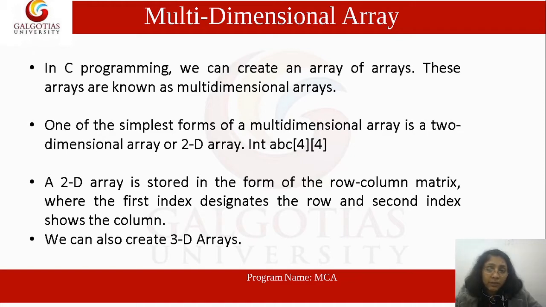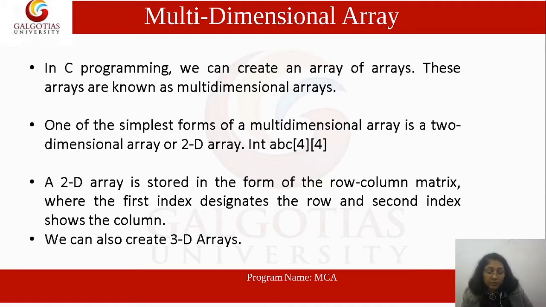For example, if you want to declare a 2D array where you want to store integer values, it can be something like int abc[5][4], where the first bracket determines the size of the first dimension, and 4 in the second bracket determines the size of the second dimension, and abc is the name of the array. A 2D array is stored in the form of a row-column matrix, where the first index designates the row and the second index shows the column.